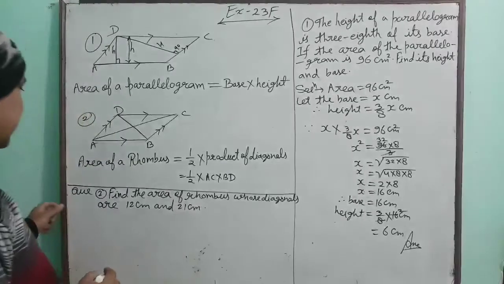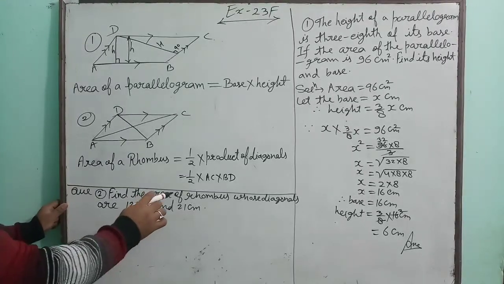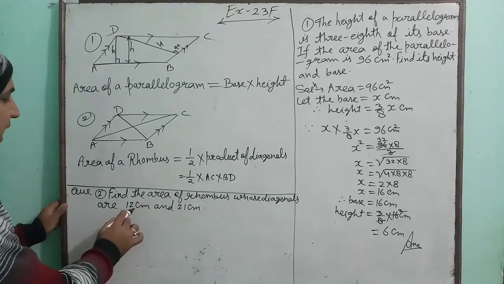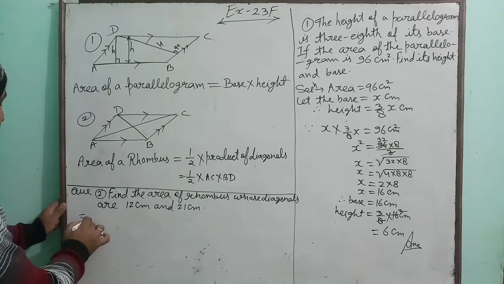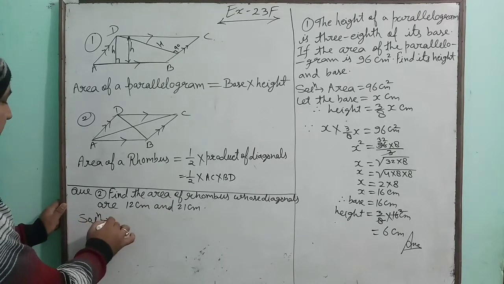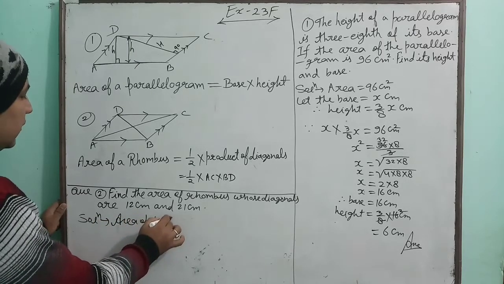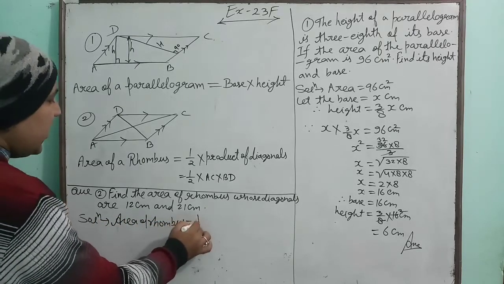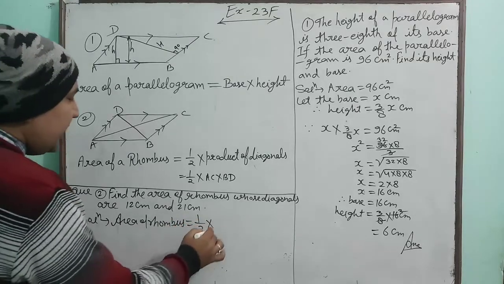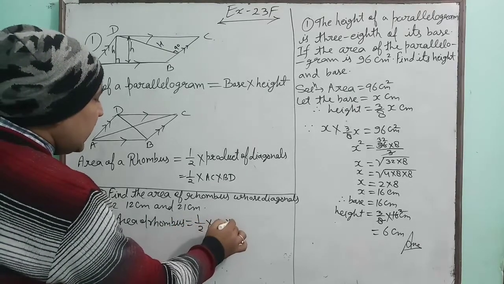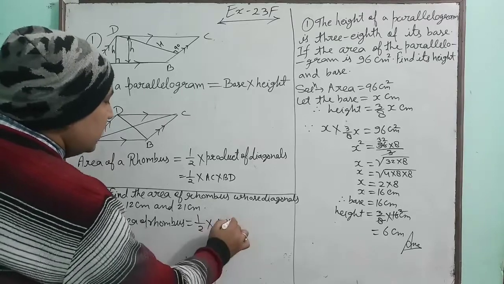Okay. Now see the second question. Find the area of a rhombus whose diagonals are 12 centimeter and 21 centimeter. So we know the formula for area of a rhombus. Area of rhombus will be 1 by 2 into product of diagonals.